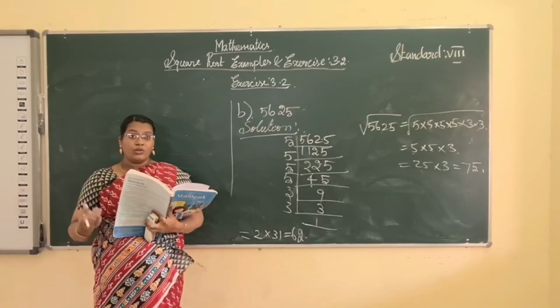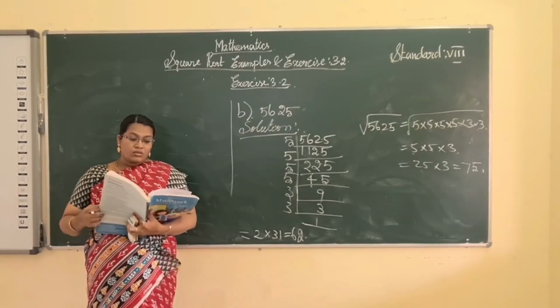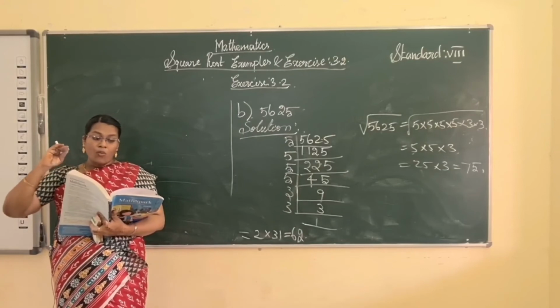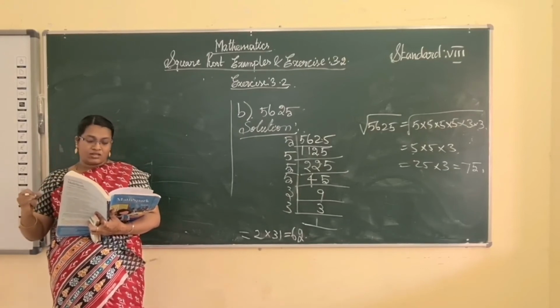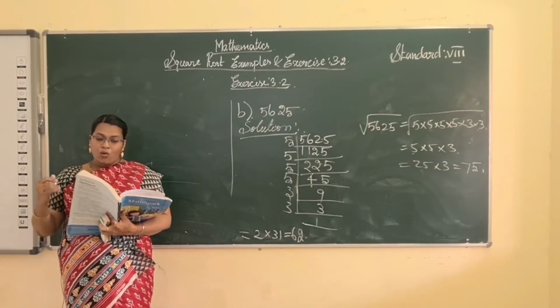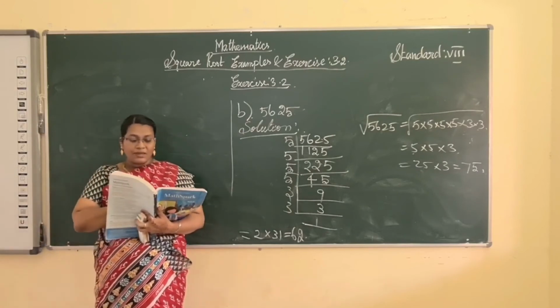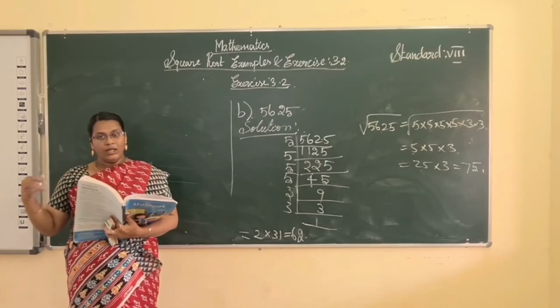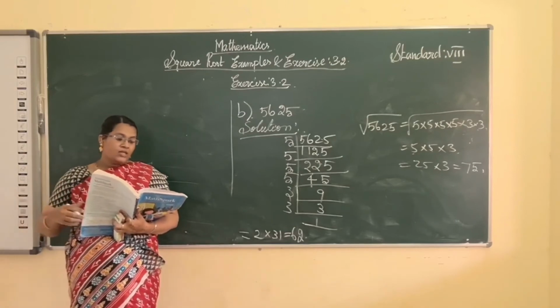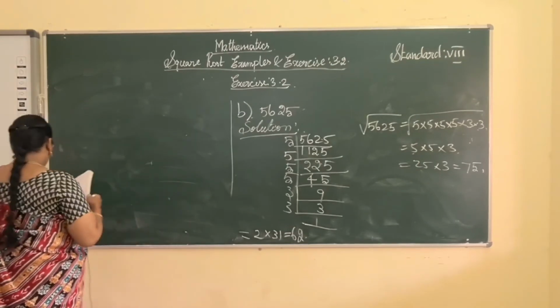So we have to find this square. How many rows first of all, we have to find out how many numbers. Find the number of saplings in each row. So first you have to find out the square root.